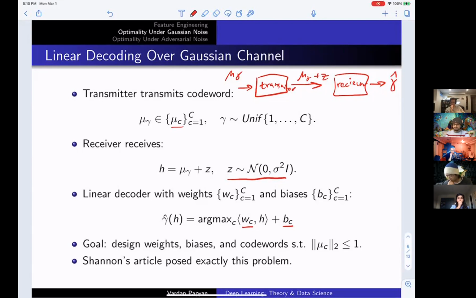Now, we're going to constrain ourselves to a sphere, so we're going to assume that the code words have a limited L2 norm. And you can make up justifications for why that is needed in real life. Does the setting make sense? Does the problem make sense? So this is the problem that Shannon was interested in.